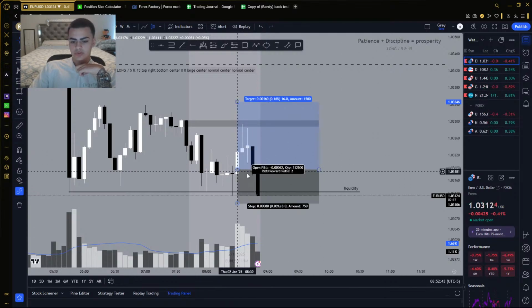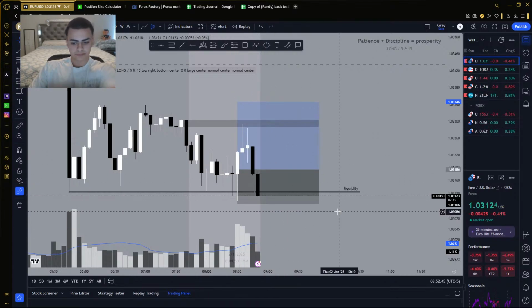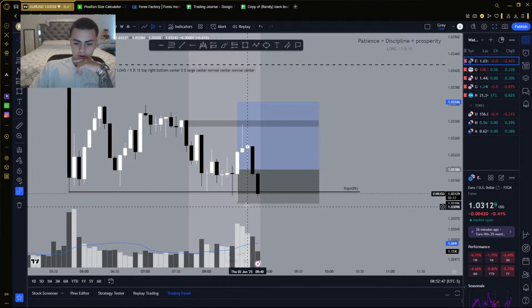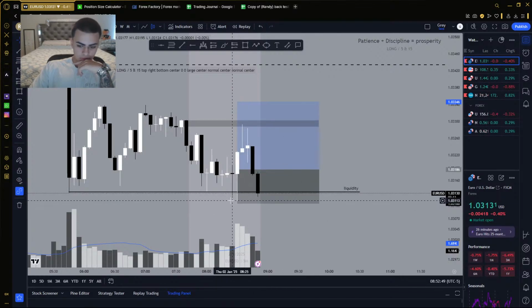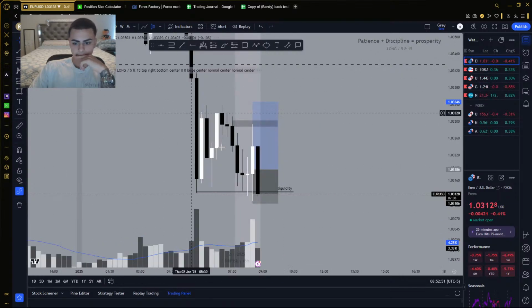See, if I stuck to the trade, I would have probably lost, because if it doesn't grab this point of liquidity, it could have probably kept going.